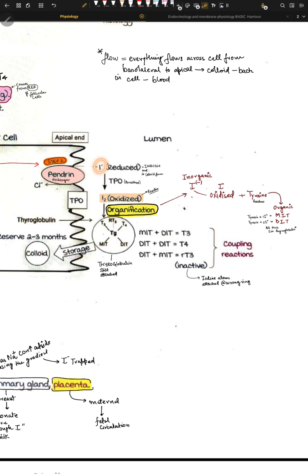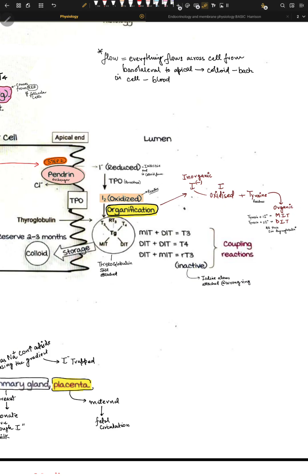Once we have the iodide present on the lumen side, this iodide actually undergoes oxidation, and this oxidation is done via something called TPO. What is it? It is thyroid peroxidase, right? So this TPO, this thyroid peroxidase, works as a catalyzing worker.